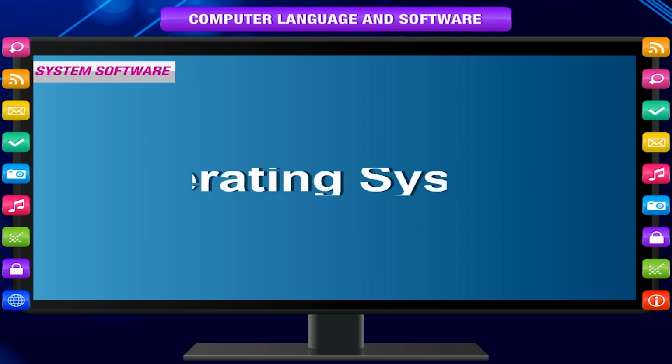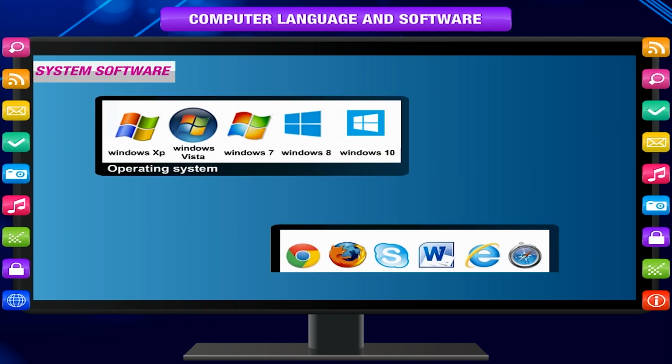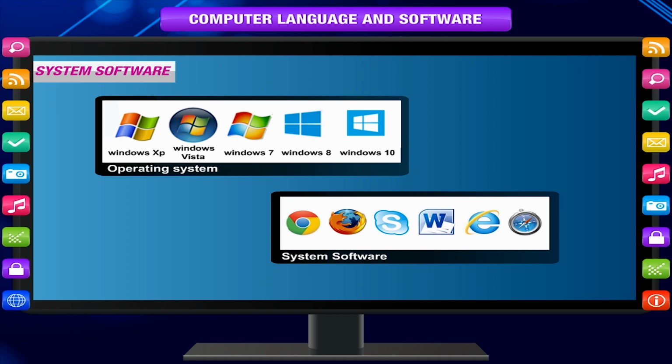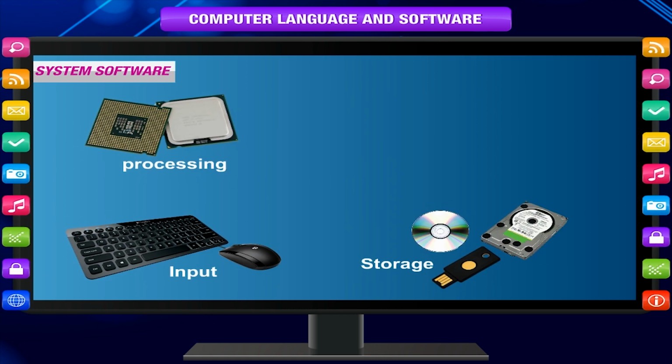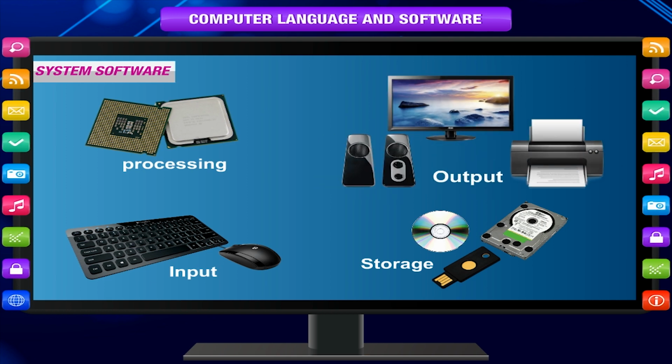Operating system. Operating system is a part of system software that makes the computer run. It controls the working of the hardware as well as the software. It manages all the input, storage, processing, and output activities of a computer system. An operating system has to be installed before running any other software in it.